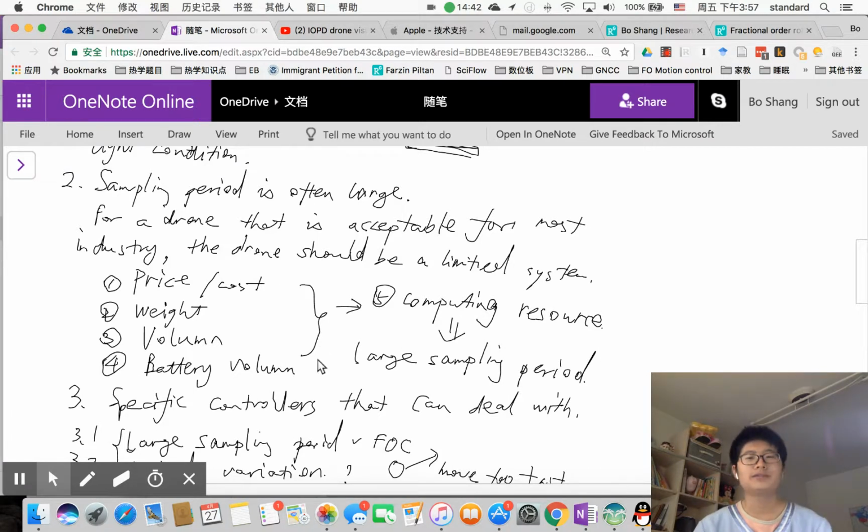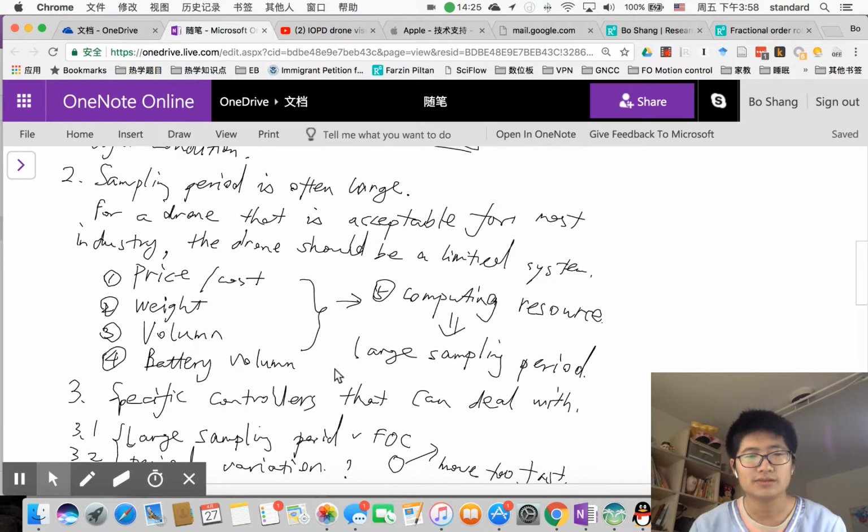So from all of that, on a drone, we only have limited computing resources. In this way, we often have a large sampling period on a drone. This is a challenge for the drone visual servoing control.